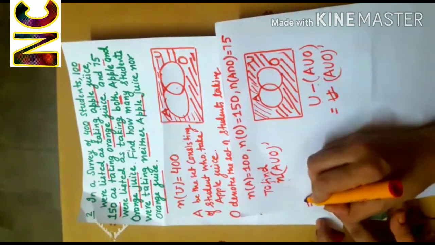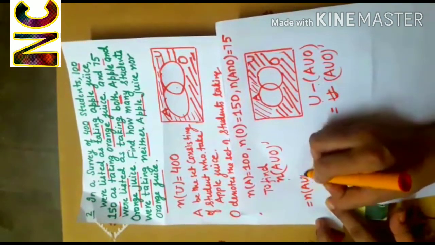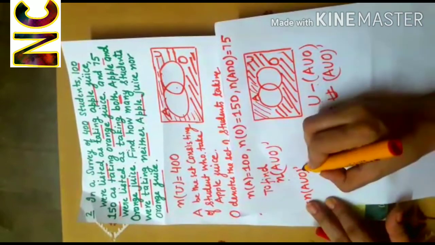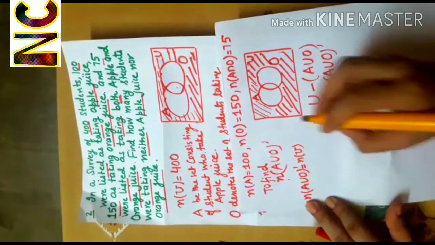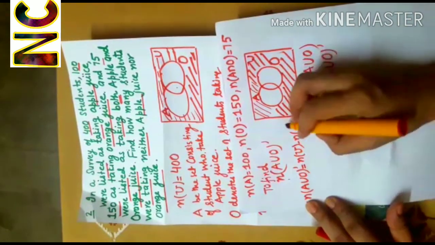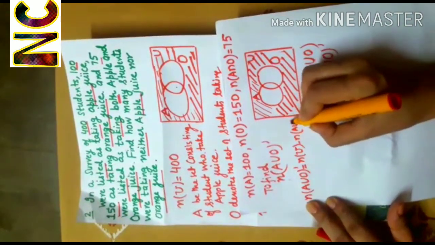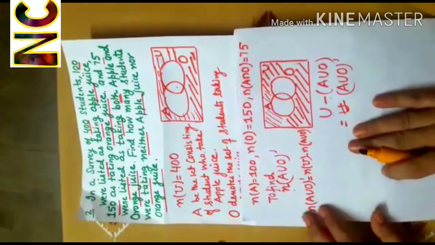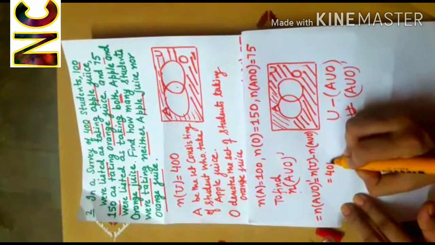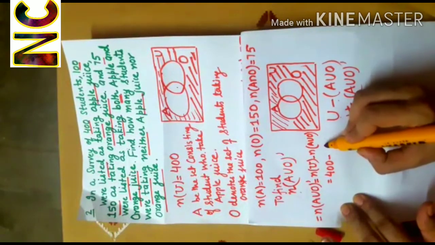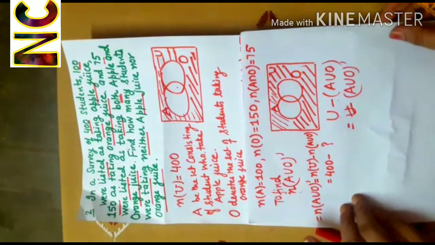And yes, this will be equal to the number of elements in A union O complement will be equal to the number of elements in the universal set minus the number of elements in A union O. Now, this is equal to 400 minus this I need to determine.